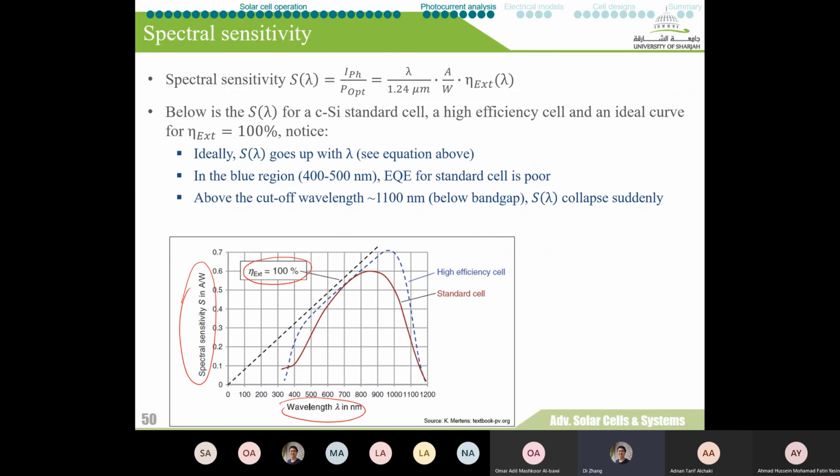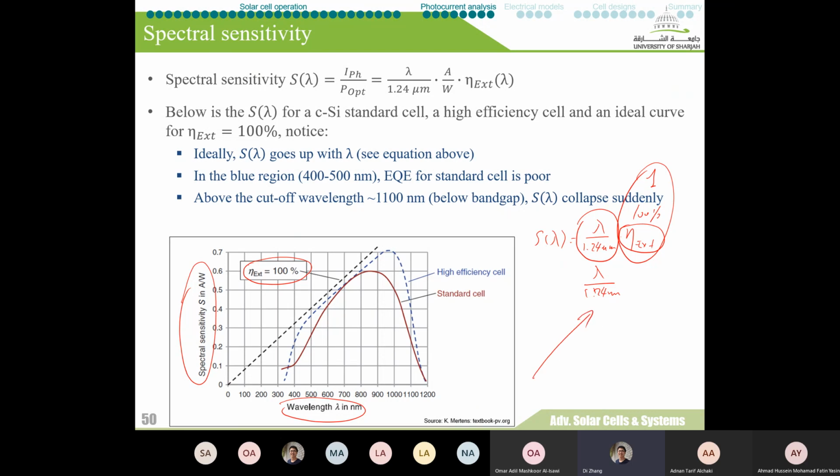The spectrum sensitivity equals wavelength divided by 1.24 micrometer, times the quantum efficiency. When the quantum efficiency is 100%, if you substitute 1 into here, this part is gone. Essentially, you have just lambda divided by 1.24 micrometer, which is a constant, and it is a linear function.